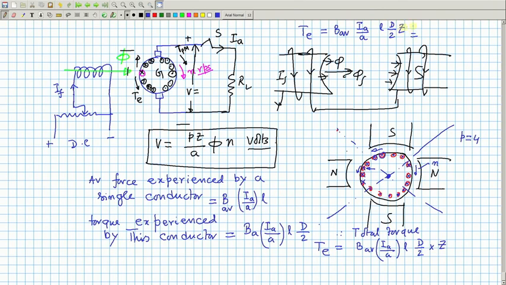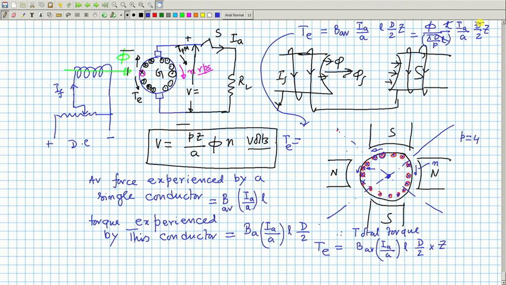This will be equal to, I know B average is phi by pi d L by P, the area, and this is I_A by A into d by 2 into Z. Therefore, the torque expression will be, there is an L also on the top, I missed L. So, if you see, several things cancel out: d and L cancel out.